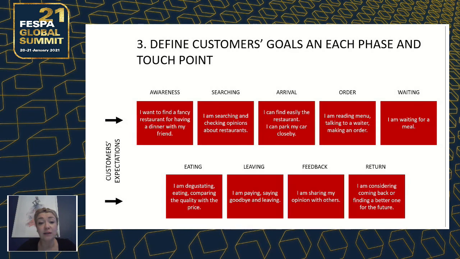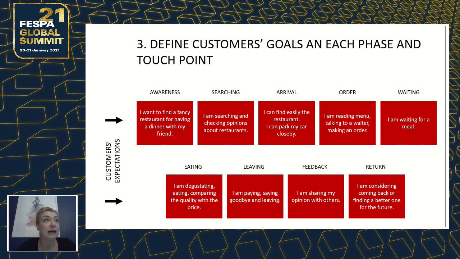Now let's have a look at the customers' expectations on each touch point. And what I said at the very beginning, this is very important to define at the very first stage your buyer persona, your target group, your customers for whom you run this workshop. Because, for example, we are still managers or owners of the restaurant.